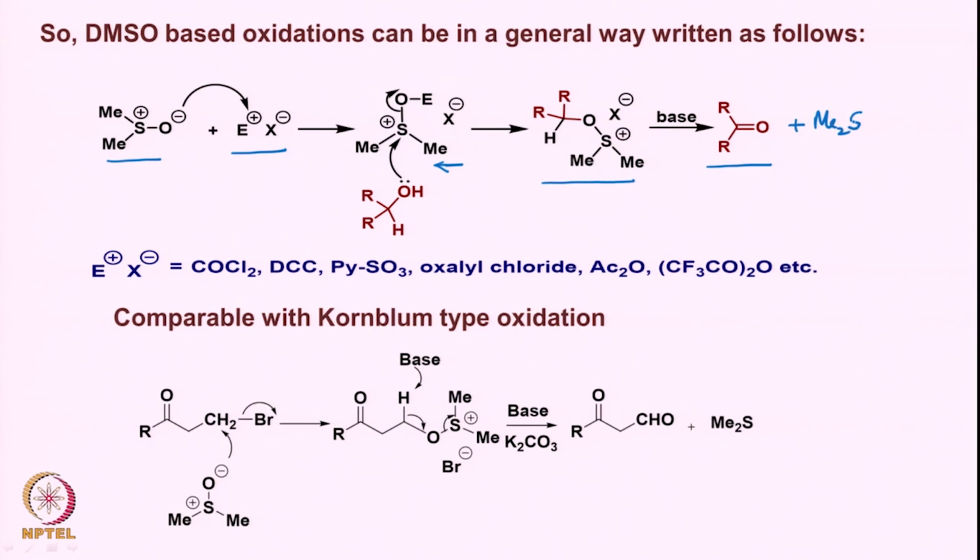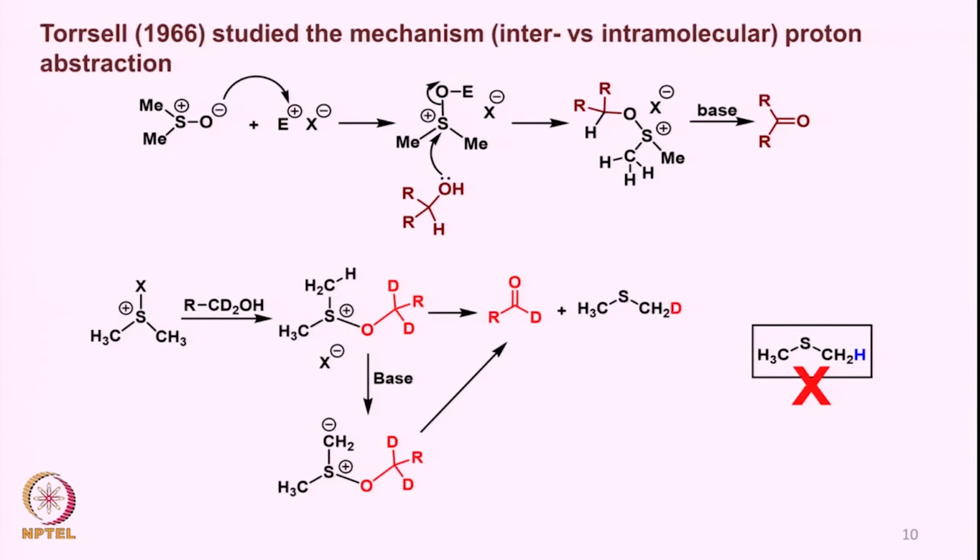So essentially what is happening is, whether the EX is phosgene, DCC, pyridine sulfur trioxide or oxalyl chloride or acetic anhydride or trifluoroacetic anhydride, any other electrophile, and of course the intermediate is comparable with the Kornblum type of oxidation here, because this is the crucial intermediate which then undergoes loss of proton along with dimethyl sulfide to form the carbonyl group.